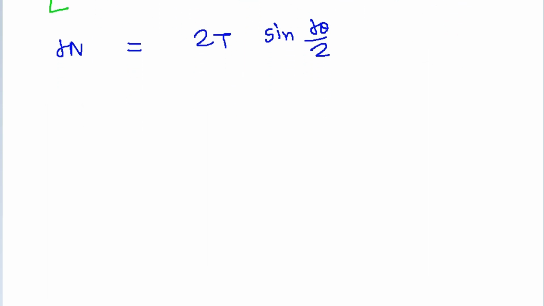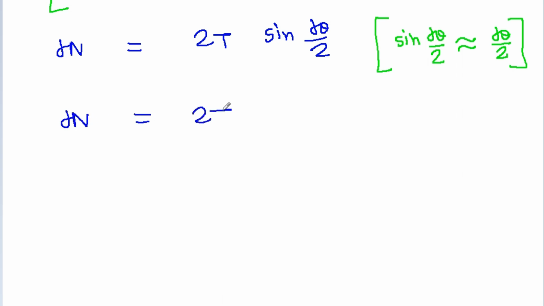For a small theta, sin theta is approximately equal to theta, and d theta by 2 is very small, so sin d theta by 2 is approximately equal to d theta by 2. So we get dN is equal to 2T times d theta by 2, the 2 and 2 get cancelled, and we get dN is equal to T d theta.